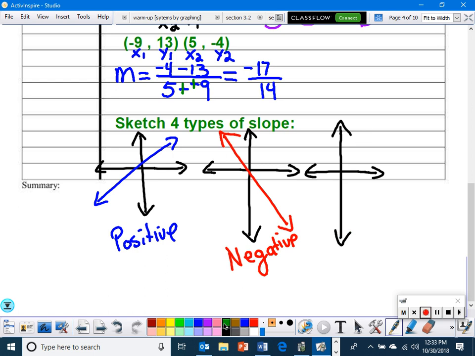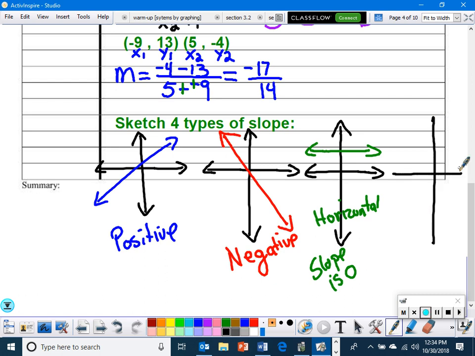We have a horizontal line. That means the slope is 0. And we have the vertical line.